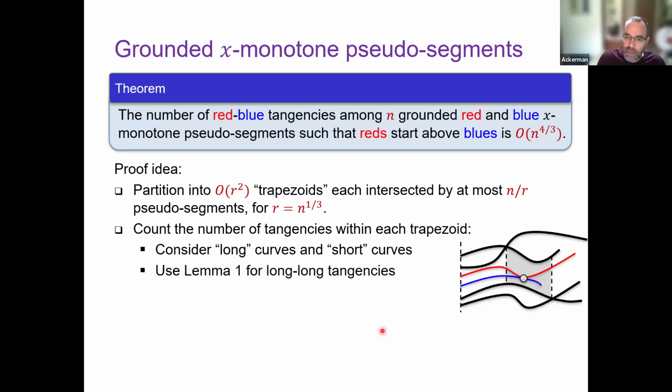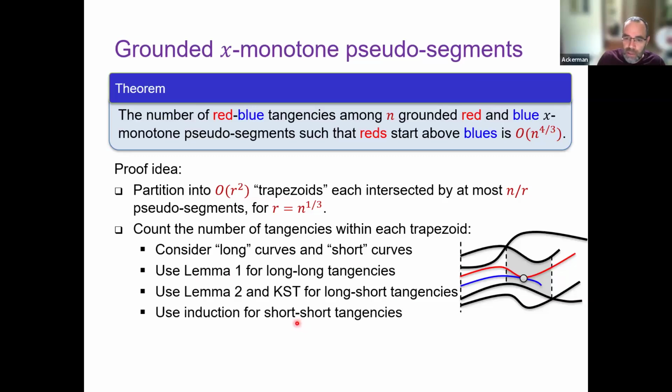For the number of long tangencies, we use lemma 1, which talked about pseudo lines, so we can extend them to pseudo lines and use lemma 1. For the number of long-short tangencies, we can use lemma 2, which says that their tangency graph is K_{2,3,3}-free, and then use Kővári–Sós–Turán. And for the number of short tangencies, we just use induction and then sum everything up, and we get this bound.